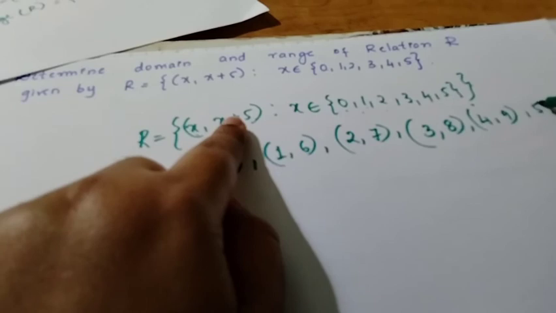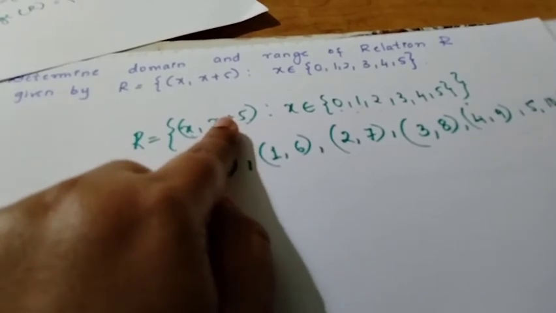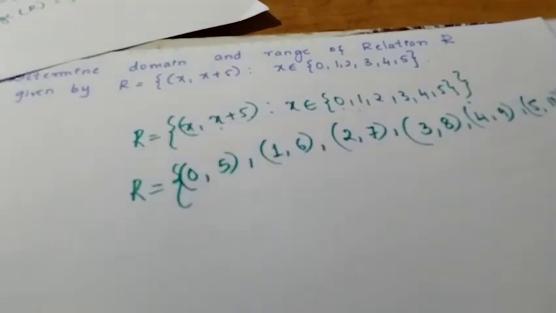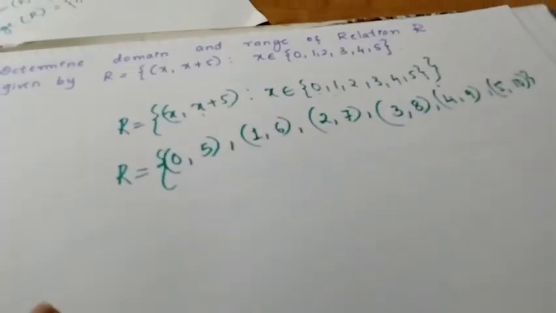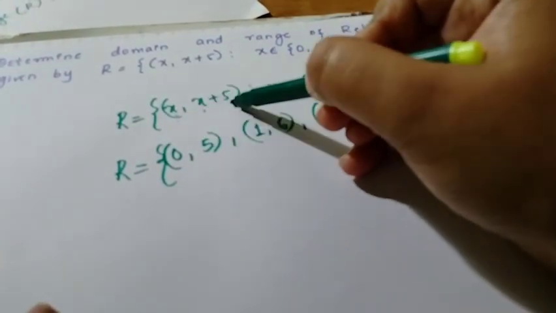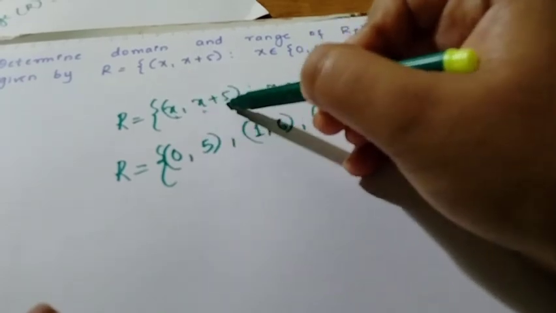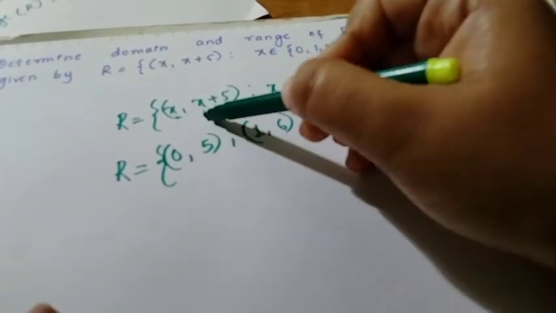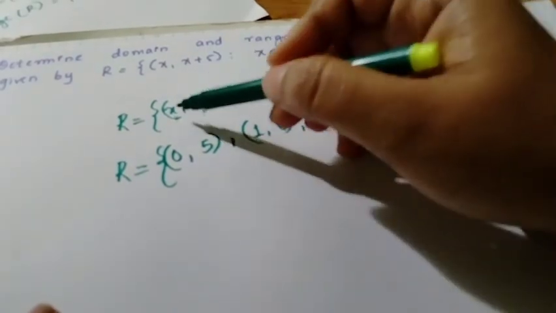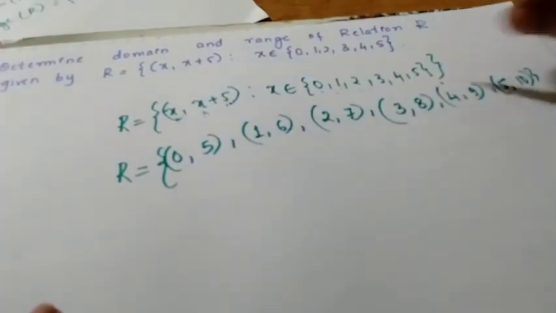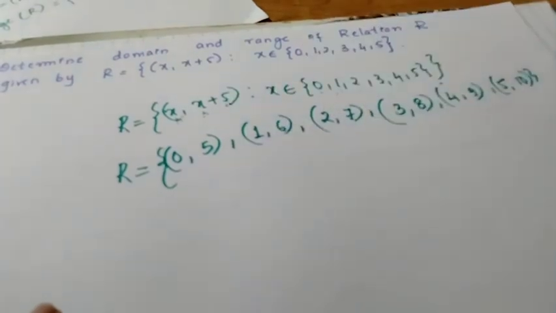Next, take the element 5. 5 plus 5 is 10. So, these are the elements of the relation R. So 0, 5; 1, 6; 2, 7; 3, 8; 4, 9; 5, 10.